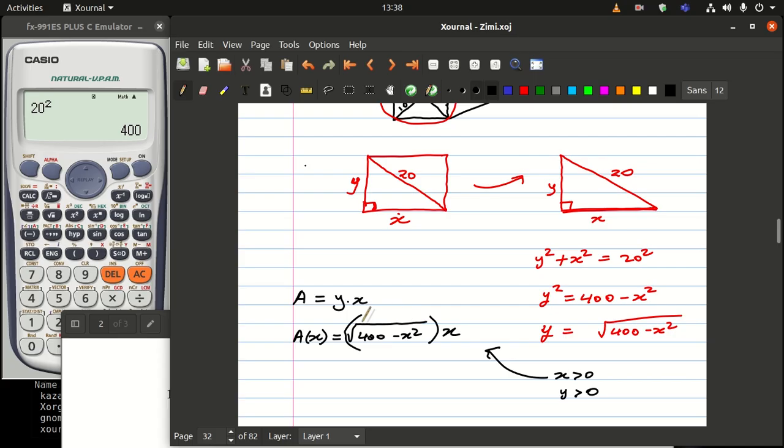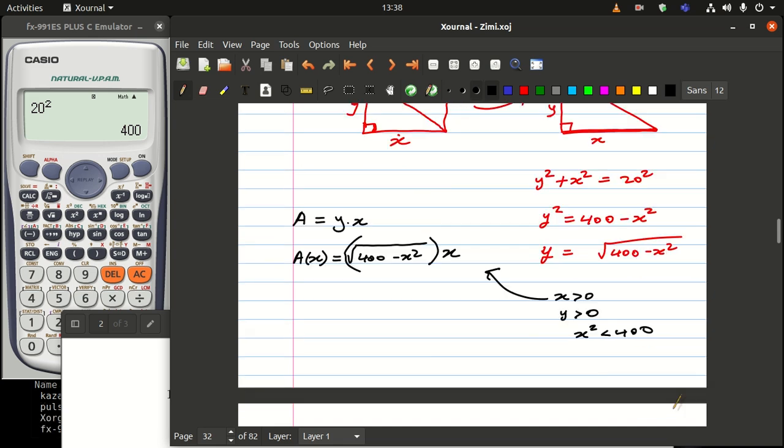And also another restriction, we can get it inside here by saying that we want to make sure that our x squared is actually less than 400, and then we can solve this. You'll end up having the critical values x equal to plus or minus 20.